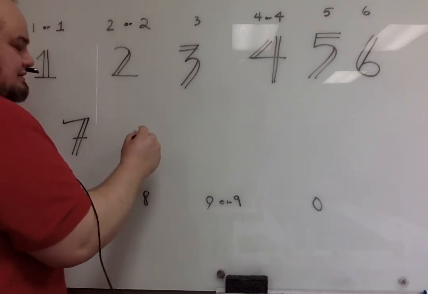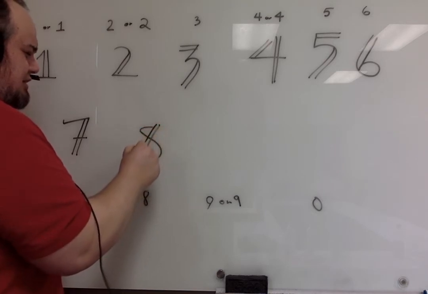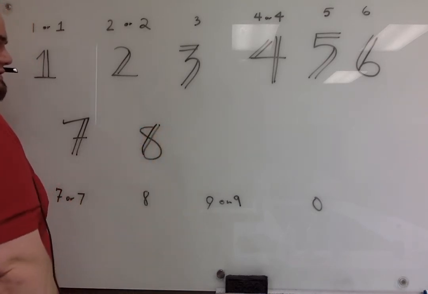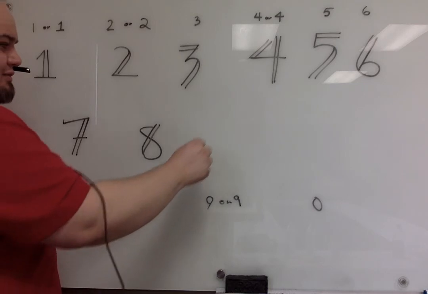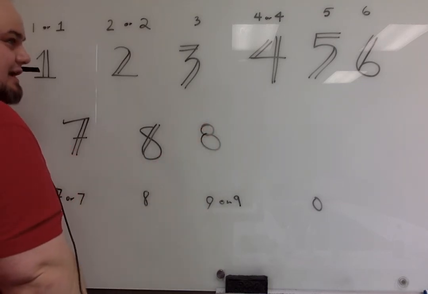Capital 8 looks like a normal 8, except it has this double bar here. Okay, so if you're one of those type of people that draws their 8s with 2 circles, well, you're kind of out of luck.